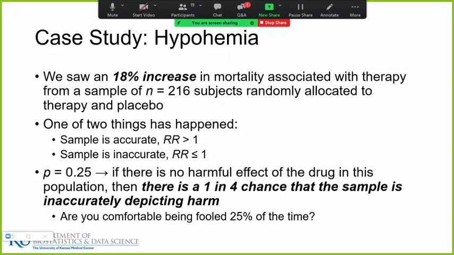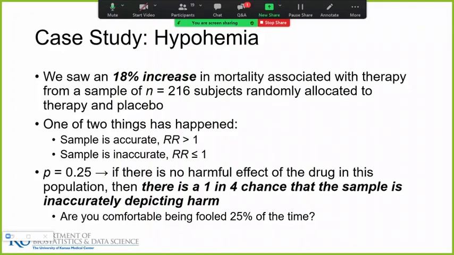So in our one study, we saw an 18% increase in mortality that was associated with therapy from a sample of 216 subjects. And this was a randomized controlled trial, so it should be pretty protected against bias because of randomization. So if we found an increase, we know one of two things has happened.